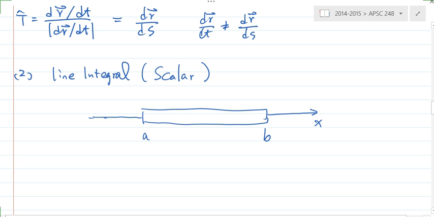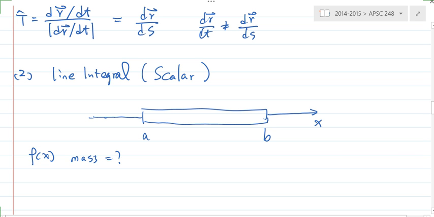Now what I'm interested in is the mass of this rod, given that the density of the rod is rho of x. This is another application of integrals you learned in the first year. How do you proceed with this kind of question?